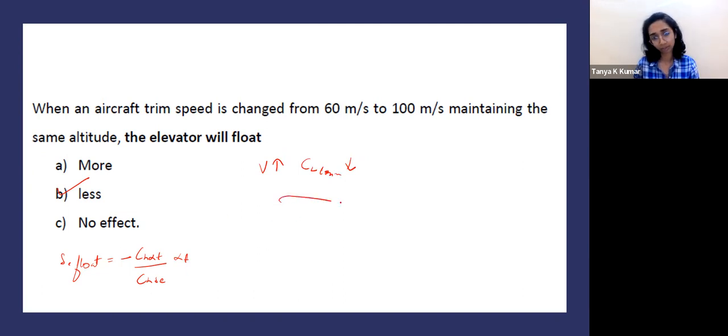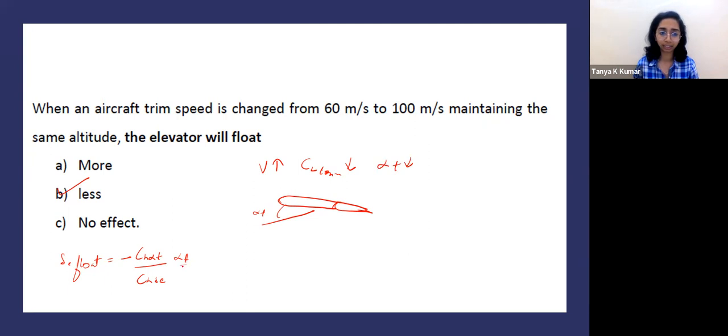So if this is your tail, and you want to reduce your CL trim, that means the angle of attack at the tail should be reduced, right? So you reduce your CL trim by reducing the angle of attack at the tail. That is, when you deflect the elevator, you need to reduce your angle of attack at the tail.